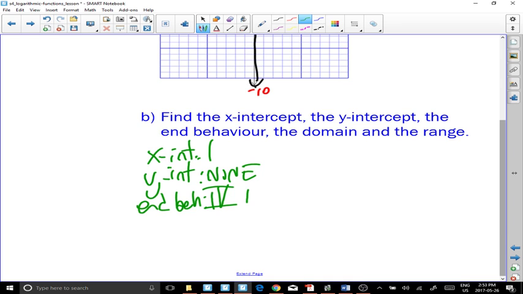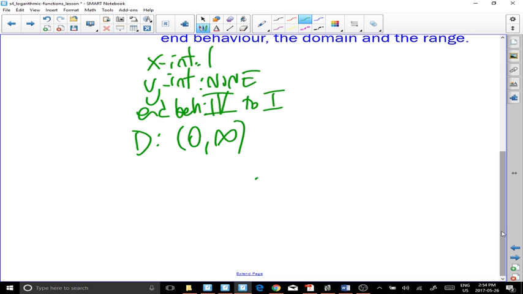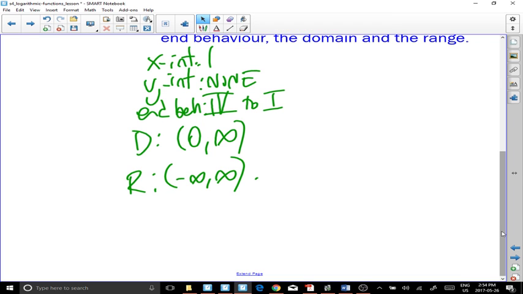Quad 4 to quad 1. Yep. What's the domain? I would write the domain as 0 to infinity, round brackets on both, and then -infinity to infinity for the range. Okay?